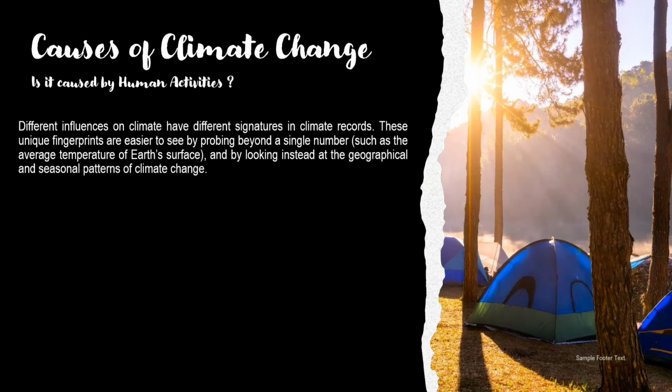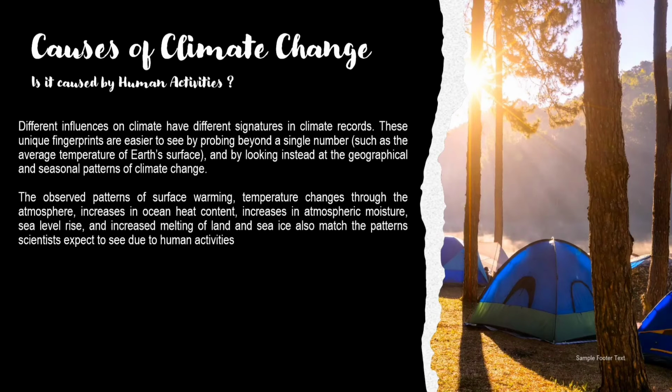Different influences on climate have different signatures in climate records. These unique fingerprints are easier to see by probing beyond a single number, such as the average temperature of Earth's surface, and by looking instead at the geographical and seasonal patterns of climate change. The observed patterns of surface warming, temperature changes through the atmosphere, increase in ocean heat content, increase in atmospheric moisture, sea level rise, and increased melting of land and sea ice also match the patterns scientists expect to see due to human activities.